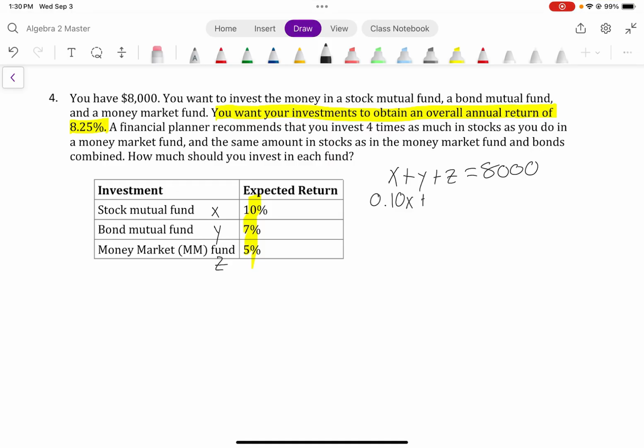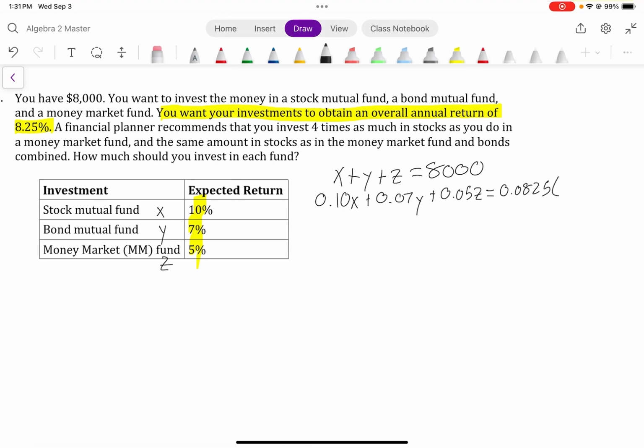Plus, I'm going to have a 7% return for Y, so 0.07 times Y. Similarly, 0.05 times Z. That is going to be a 10% return on my money from X, a 7% return on my money from Y, and a 5% return on my money for Z. I want that to equal 0.0825. That's 8.25% return on $8,000.